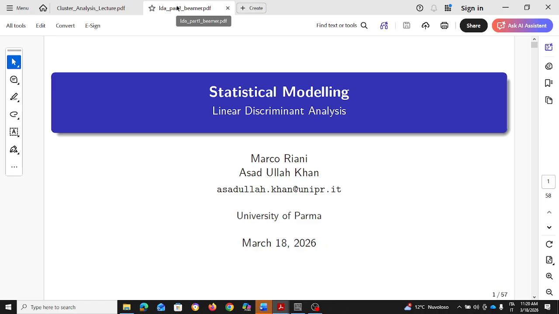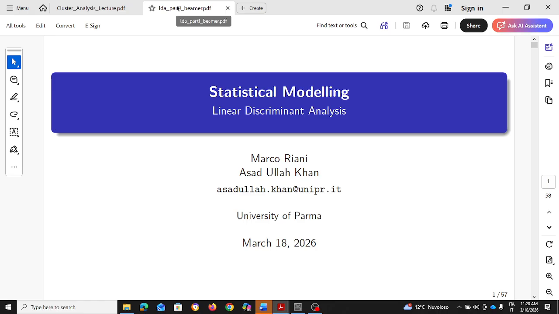So we have data, it's kind of random data, but we say some of the samples, which are N1, belong to class 1, and some of the samples here belong to class 2.